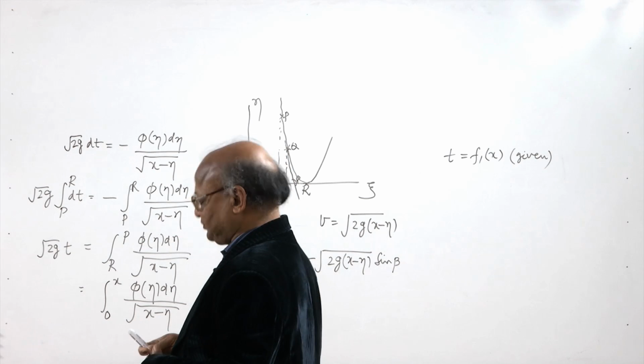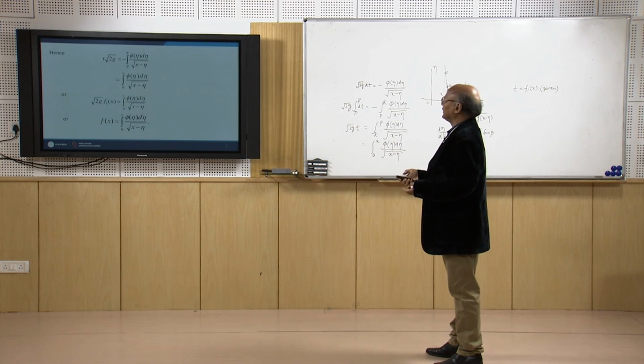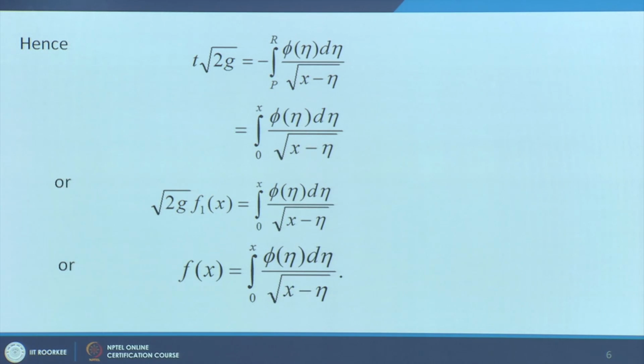So we get under root 2g times t equal to the integral from 0 to x of phi(eta) d eta divided by under root (x minus eta). Now t we have assumed to be equal to f1(x), so we get under root 2g f1(x) equal to the integral from 0 to x of phi(eta) d eta over under root (x minus eta). Let us assume that under root 2g f1(x) is another function, say f(x).